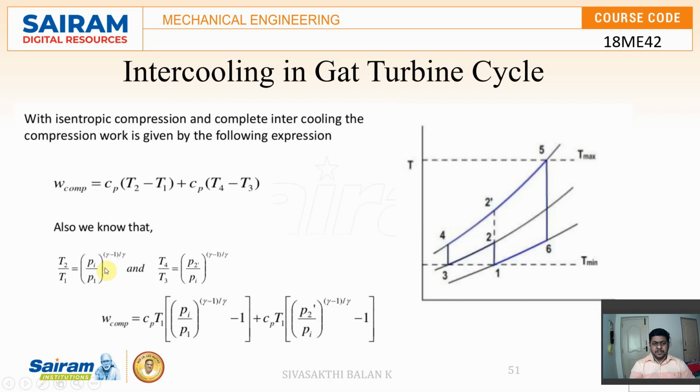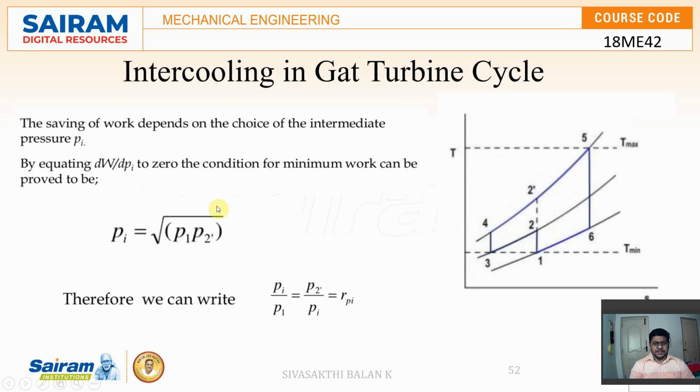The temperature ratio T4/T3 = (P2'/P1)^((gamma-1)/gamma) because it is an isentropic process. Replacing these values in the total compressor work, we get the final expression like this.